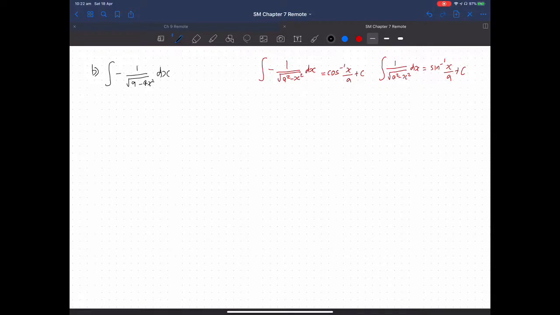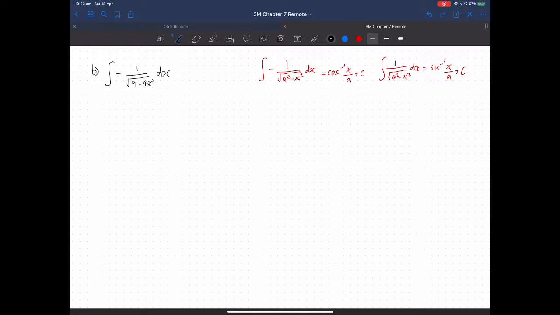You need to do some algebraic manipulation. If we look at the formula, we have negative 1 over the square root of a squared minus x squared. The number 1 is in front of the x squared. In this example, we have the number 4.